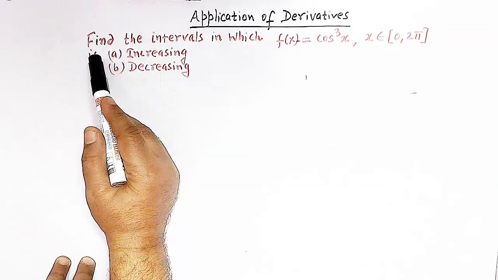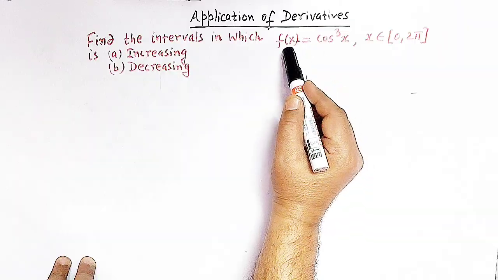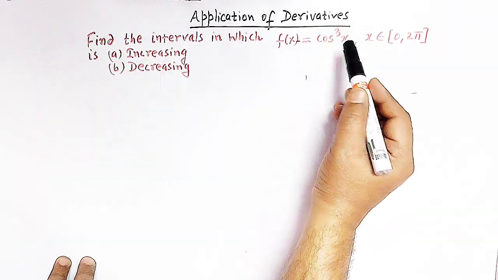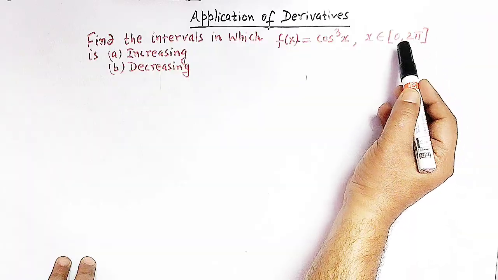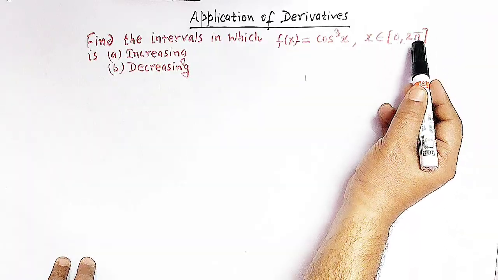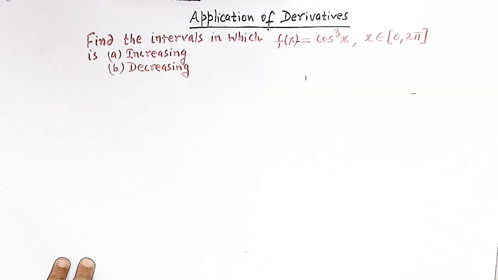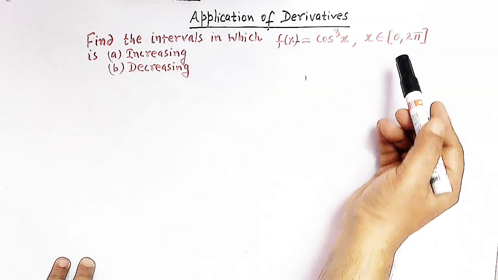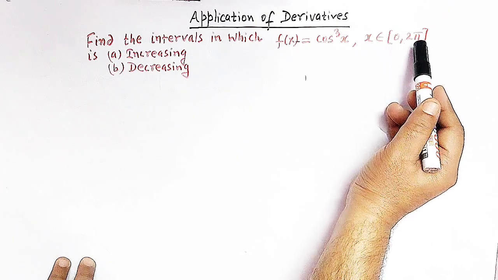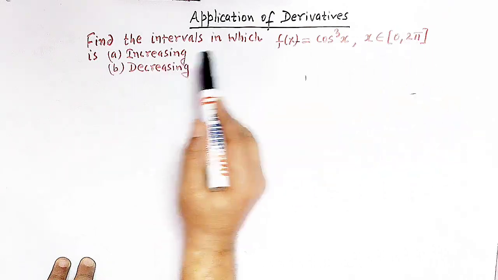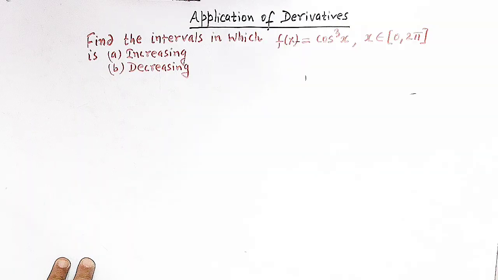So here we have to find out the intervals in which this function, that is f of x is equal to cosine cube x, where x belongs to this interval, that is from 0 to 2 pi, is increasing and decreasing. So we have to split this interval, that is from 0 to 2 pi, where this function f of x is increasing and decreasing.